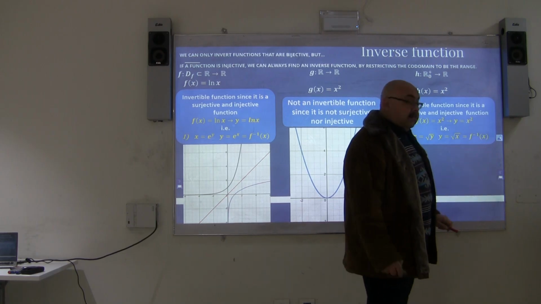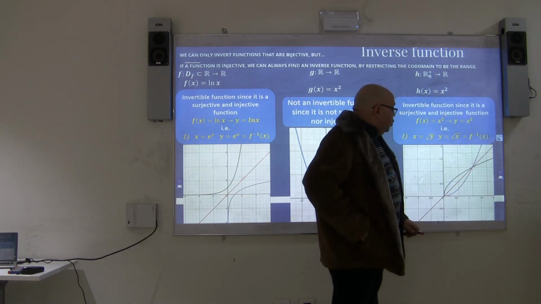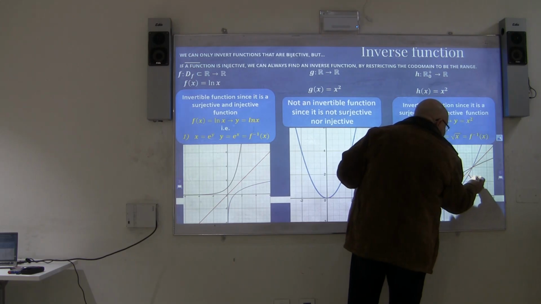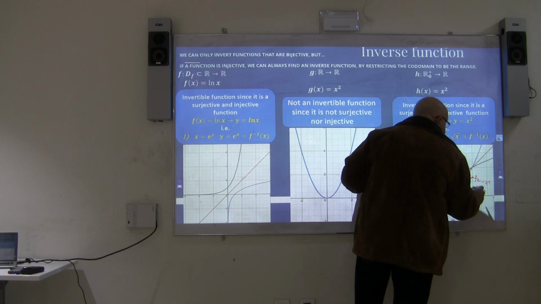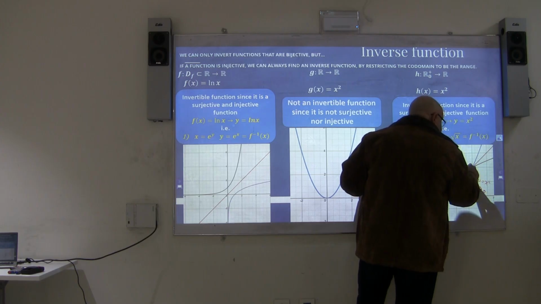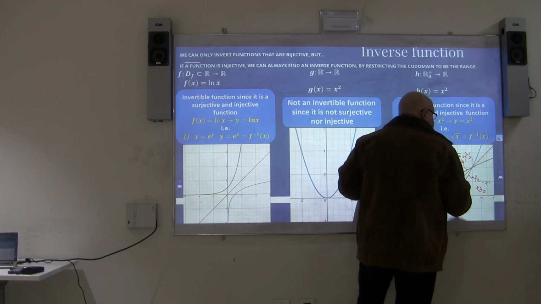That's f minus 1. So if I want to draw, this is y equal to x, and those are the two curves. This curve is f of x equal to x squared, while x is greater than or equal to 0. And on the other side, this curve is y equal to root of x, which equals f minus 1 of x, as you can see.